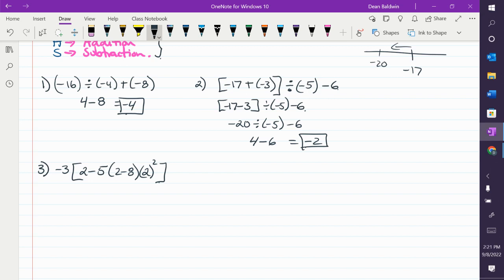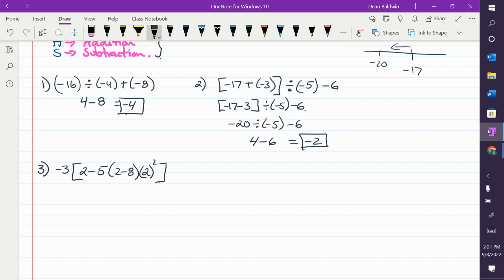So what do we do first? Where do we start? Since this whole thing's in brackets, we're starting in here, right? And then within there, we're going to do that one. Everybody agree with that? Yeah. Okay, so what's 2 to the power of 2? 4.